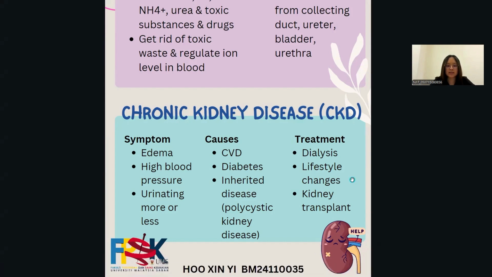If the disease goes worse, we will have to undergo dialysis, and for the worst case, we might have to undergo kidney transplant to cure or to alleviate the chronic kidney disease.